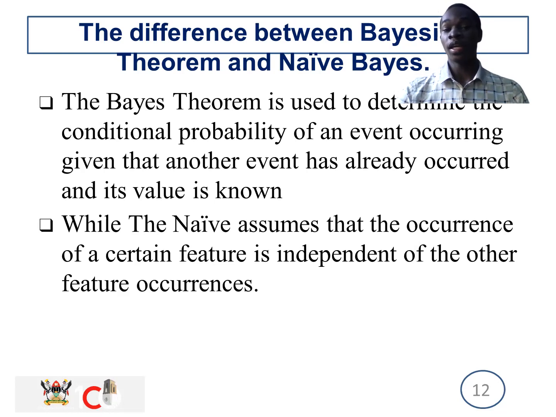And as already said, its value should be known. While the naive Bayes assumes that the occurrence of a certain feature is independent from another feature. In this case, as I explained before, we can determine the chronic kidney disease depending on the sugar or blood pressure, and sugar and blood pressure are independent on their own.